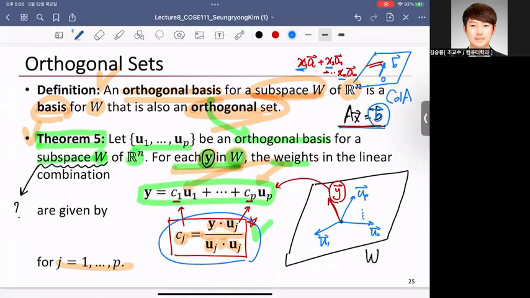In this case y is equal to b. 그렇죠? y가 b고 얘가 이제는 컬럼 스페이스를 나타내는 베이시스니까 cj 코에피션트가 이런 식으로 풀 수 있다. 이게 kind of solution. We will see this one later, but I'd like to emphasize the importance of this question. Okay. Any question?